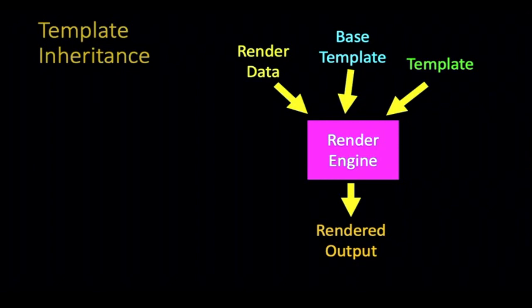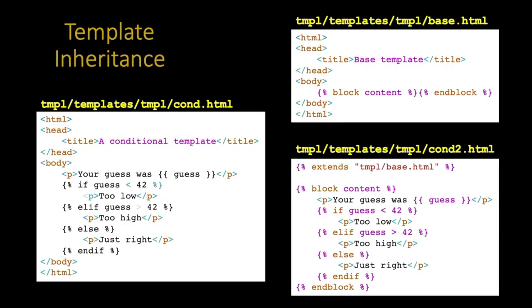So template rendering basically says, okay, here's some rendered data and here's a template. What happens now is there's this thing called a base template, and the base template and the template combine together to be sort of like the ultimate template, and then you pass in the rendered data and produce the rendered output. So let's just say that we had a bunch of pages and we were doing the same thing over and over again.